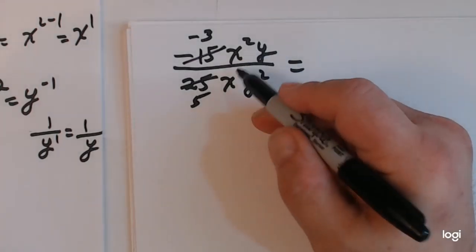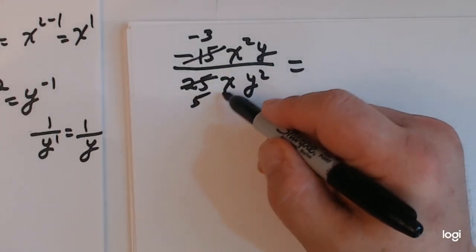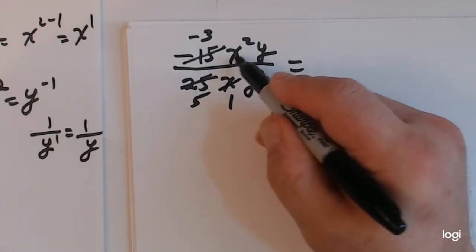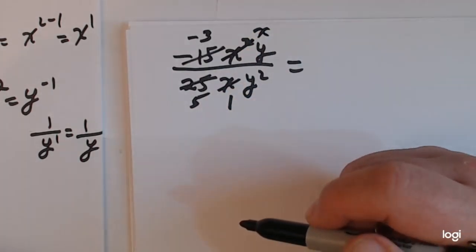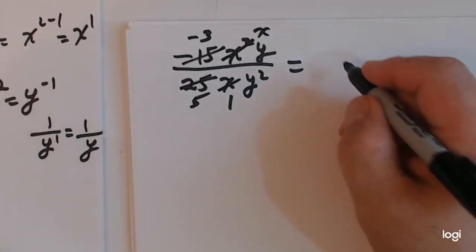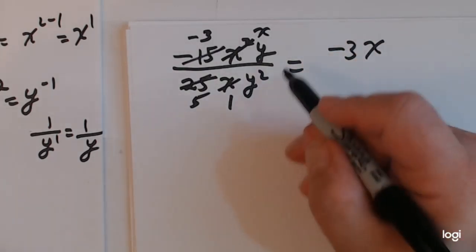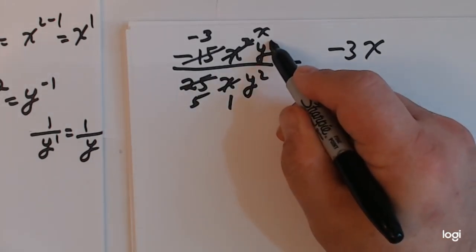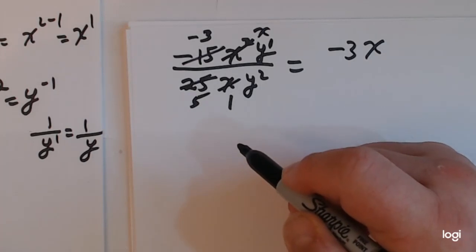So now we have x squared over x. So x goes into itself down here one time, and it goes into itself up here x times, x to the 1 times. So we have negative 3x. Now we have y up in the numerator, and remember there's an unwritten 1 as an exponent there.